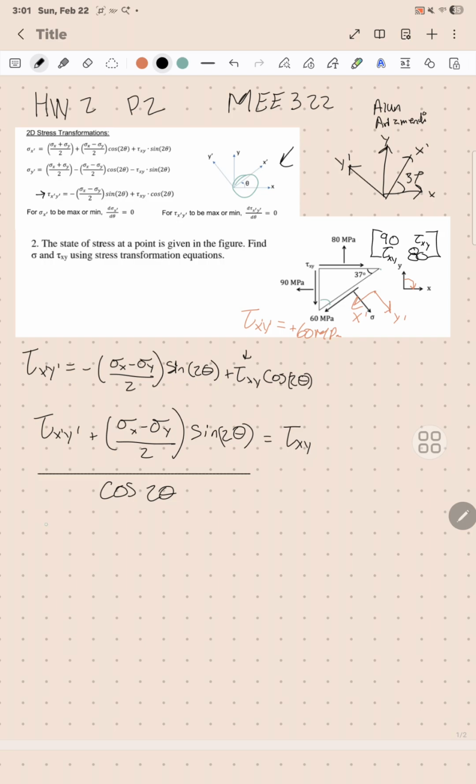Cool. Then I'm gonna end up plugging in those values. Tau x'y' is positive 60 MPa plus I'm gonna have 90 minus 80, which is gonna give me 10, so this is gonna end up being 5. Sine of 2 theta, in this case theta is 37 because we again moved it to be this direction, so 37 times 2, that's gonna give us 74.